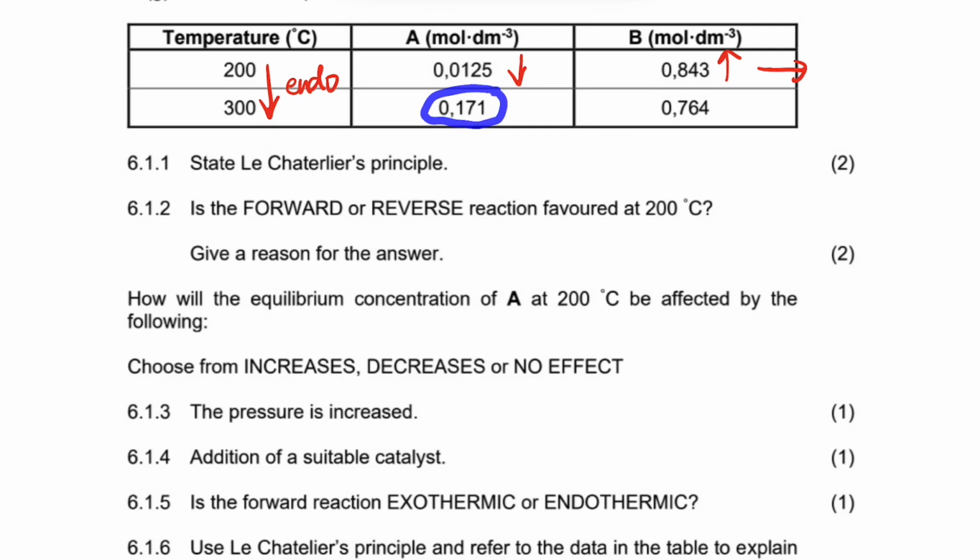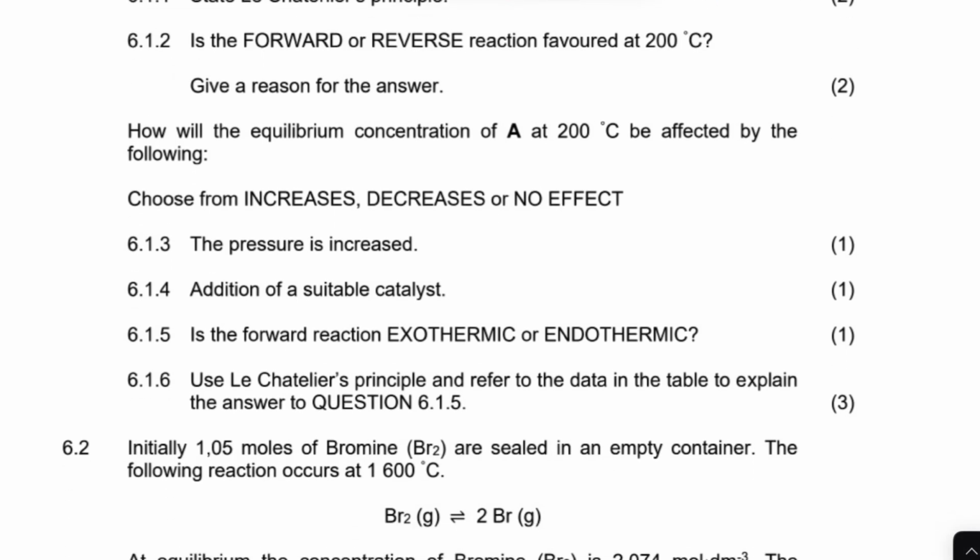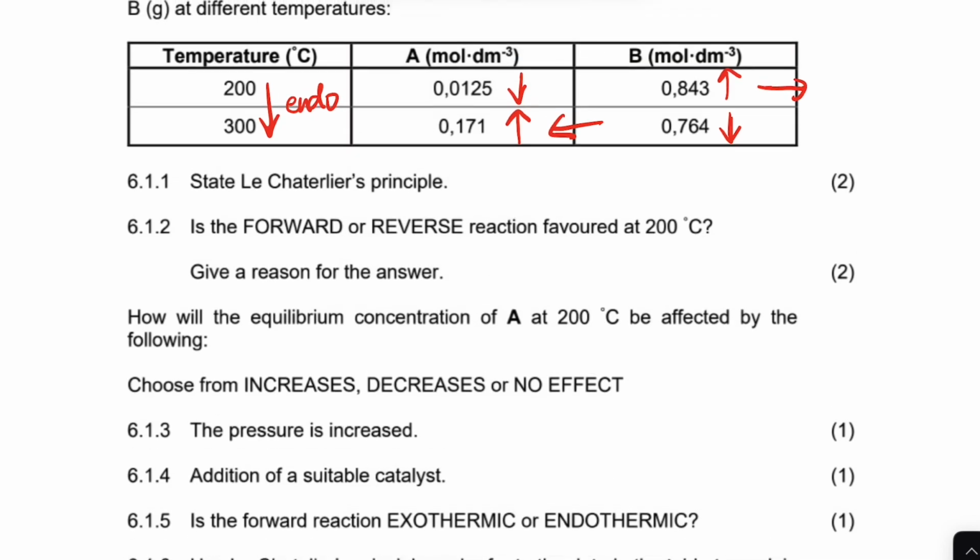The reactant, sorry, which is A, the concentration of the reactant has increased. But look at the concentration of the product. It has decreased, right? So here, reverse is favored in the new equilibrium. Keep that in mind. It's very important.